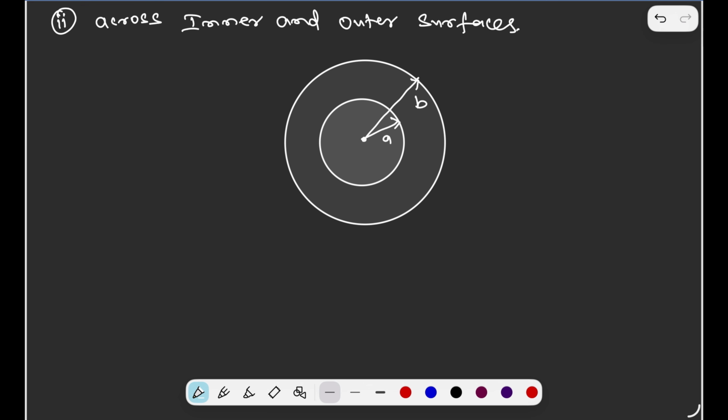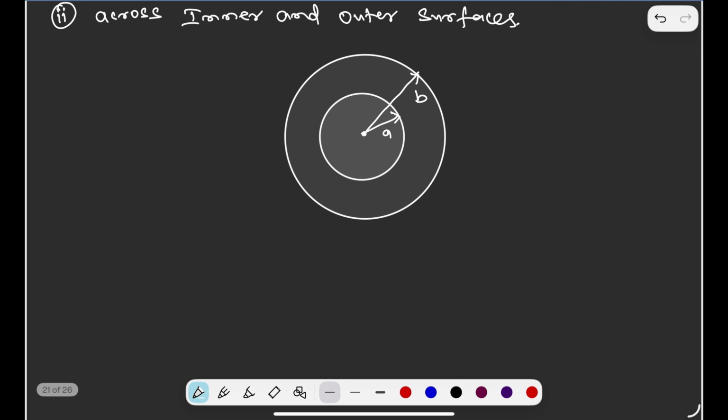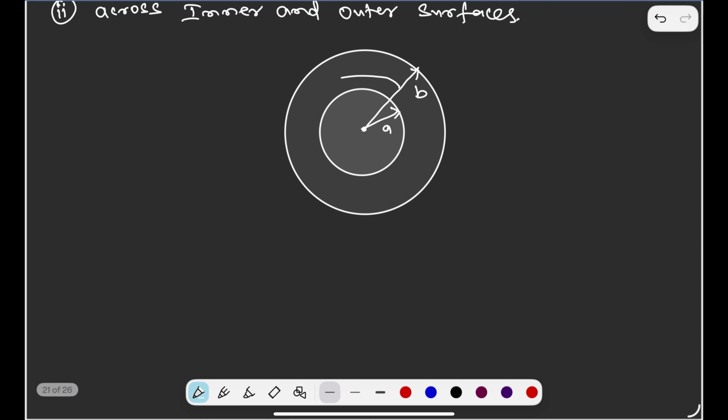This is the cross section. Here, the first radius is A, and the next one is B. Now I just take a small length element across its cross section, like this.